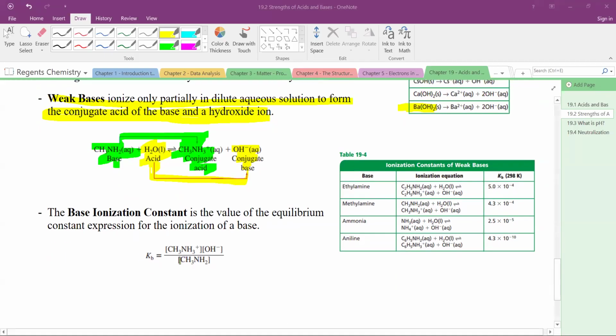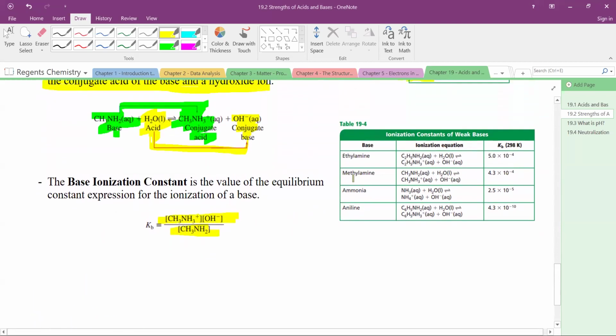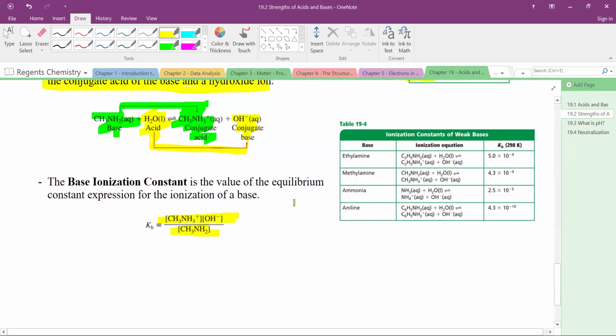And again, it is our unreacted base, our reactants, in the denominator, and our products, our ions, in the numerator. Okay. And again, I have some weak bases and I have their Kbs over here, their base ionization constants, along with their equilibrium expressions. So you guys can take a look at those if you'd like.